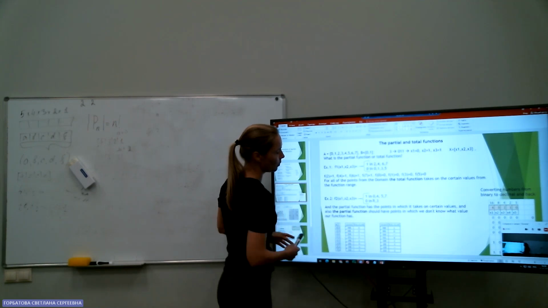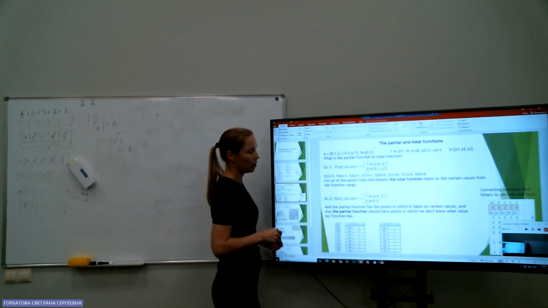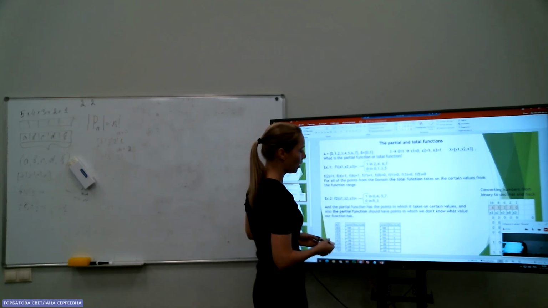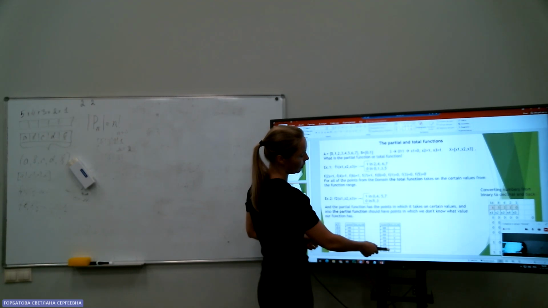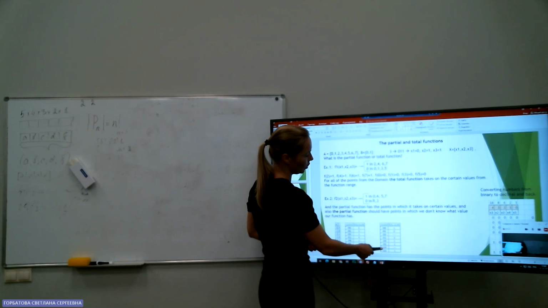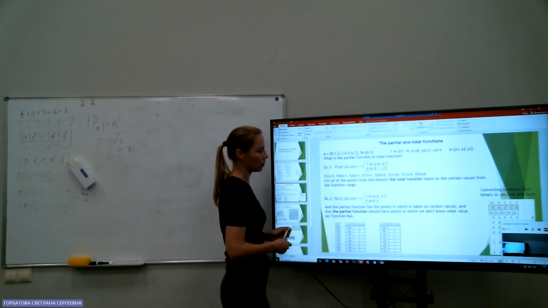But a partial Boolean function is a function where we have inputs, for example, for input 110, we don't know the result of the function.